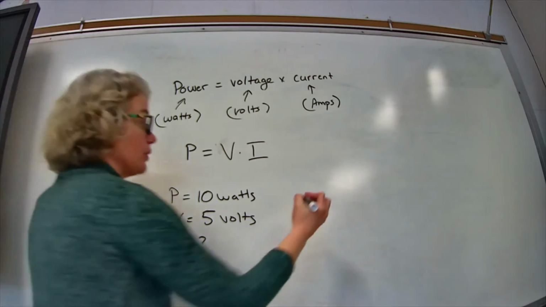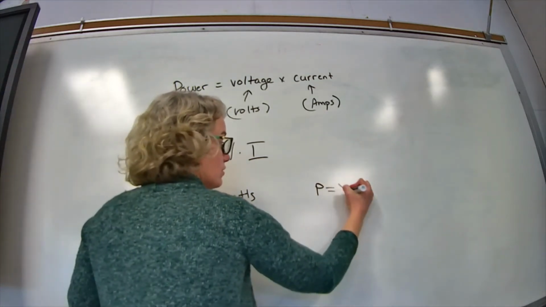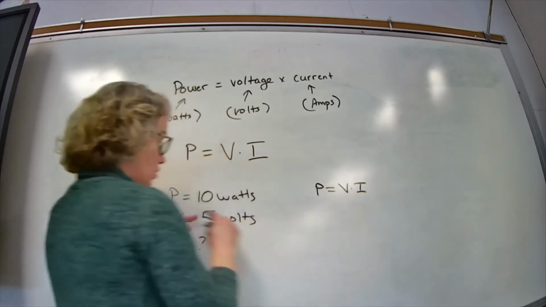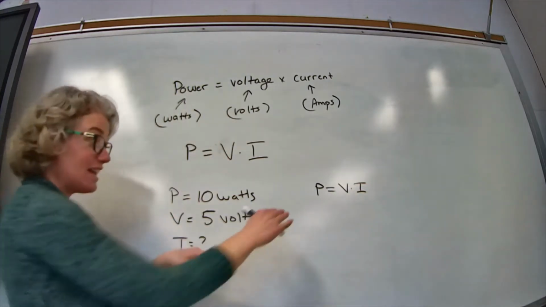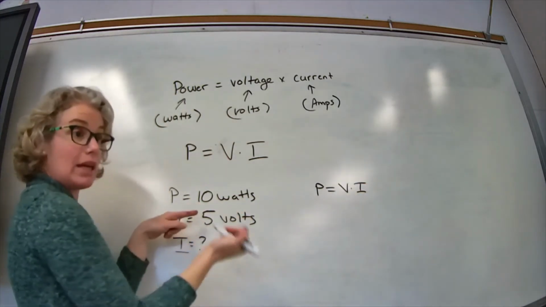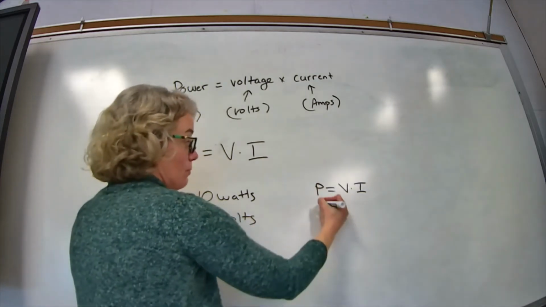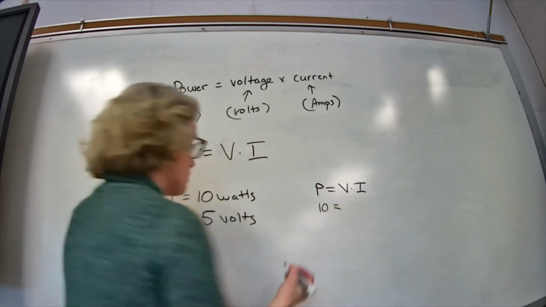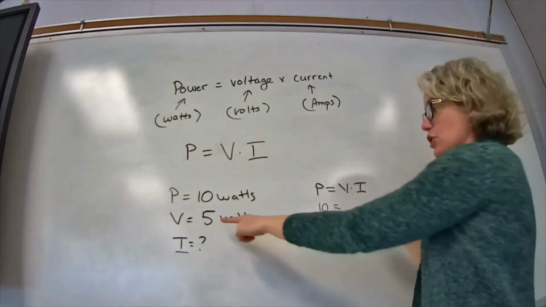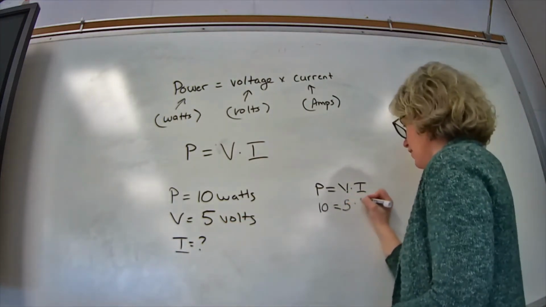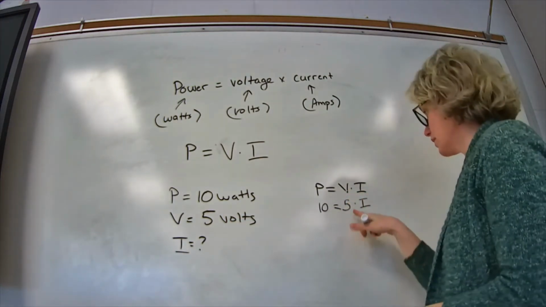Again, rewrite the equation, then right underneath where I put the equation, I'm going to plug in the appropriate numbers. So for P, I'm going to put in 10. For voltage, I'm going to put in 5 times I.